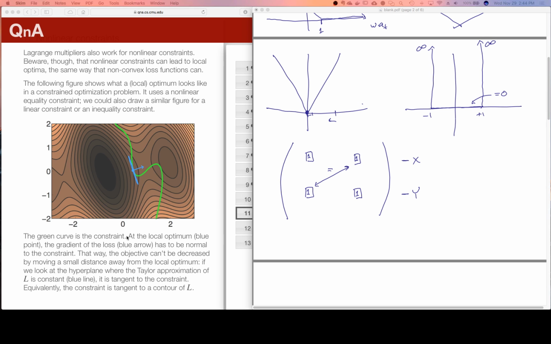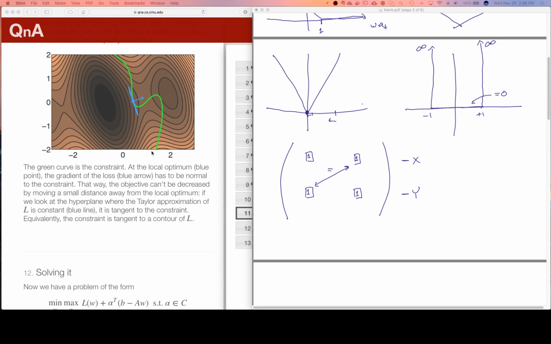This is a geometric picture of what happens when you get to a local optimum with a Lagrange multiplier.